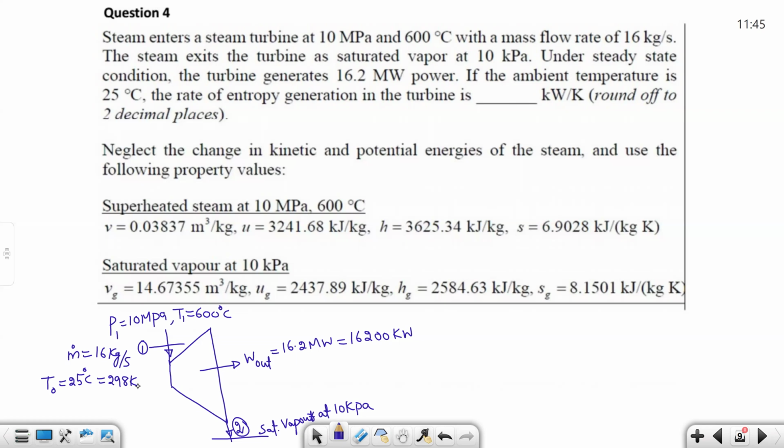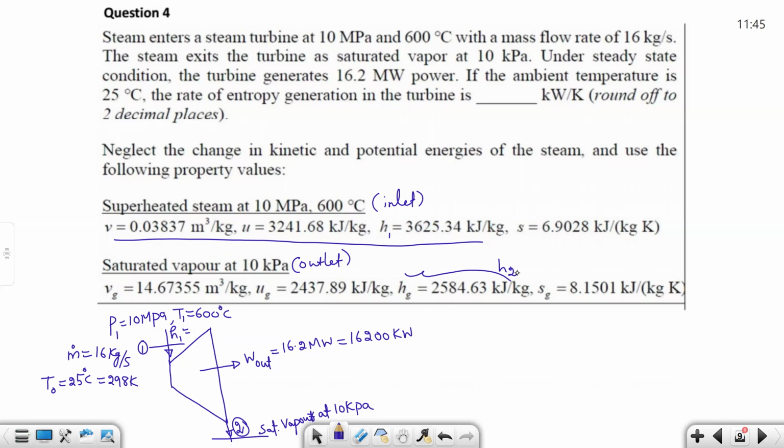So now if you look at that, the enthalpy at the inlet is superheated. So this is the inlet condition. Outlet is saturated vapor. So this is the outlet condition. So that means this is your H1, and this value is your H2.